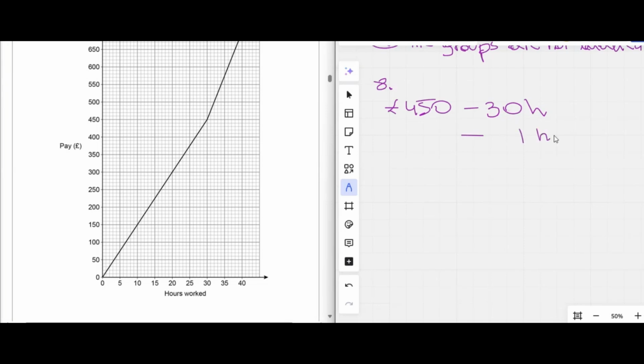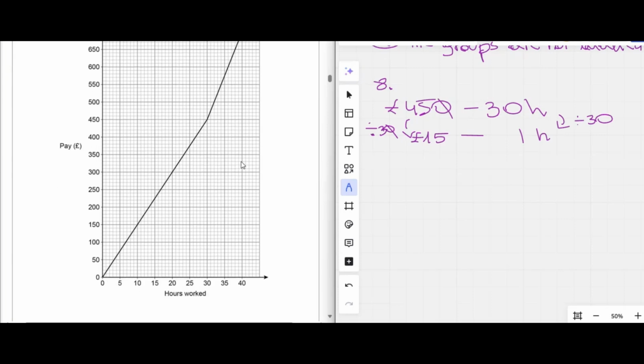So to get 1 hour, we should divide that by 30, right? Divide by 30, both sides. So we can get rid of zeros. So it's just 45 by 3, it's 15. So we have a £15 hourly rate, and now overtime.